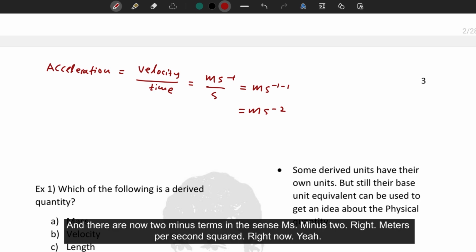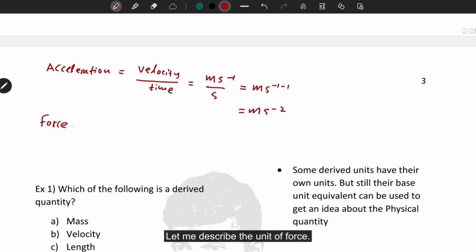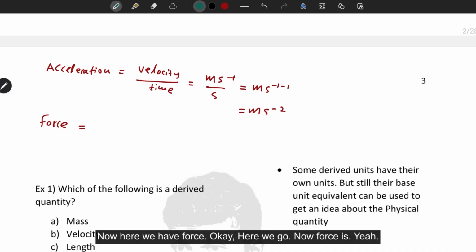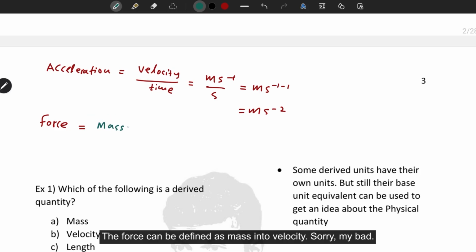Right, now let me describe the unit of force. You have been waiting for this, right, until this one pops up. Right, now here we have force. Force can be defined according to Newton's second law. If you have ever gone over this concept, the force can be defined as mass into velocity. Sorry, my bad.